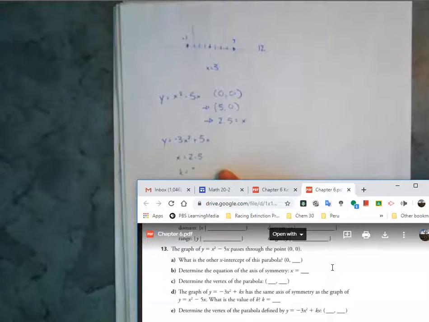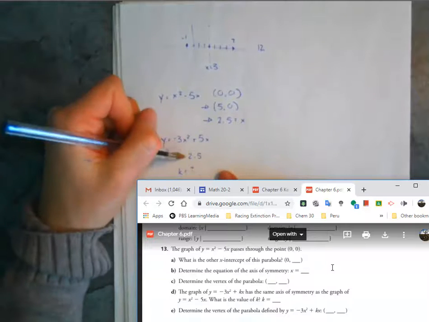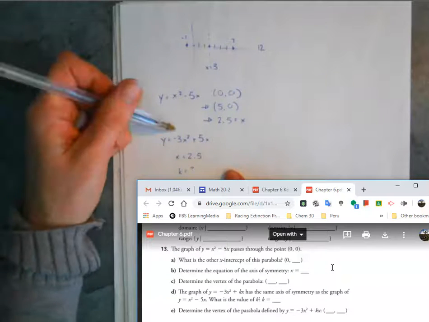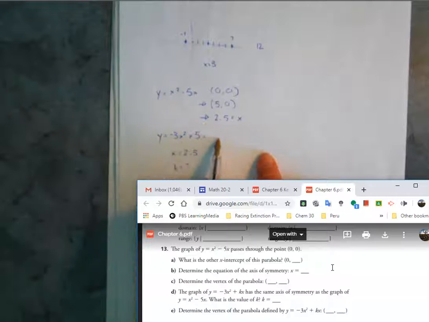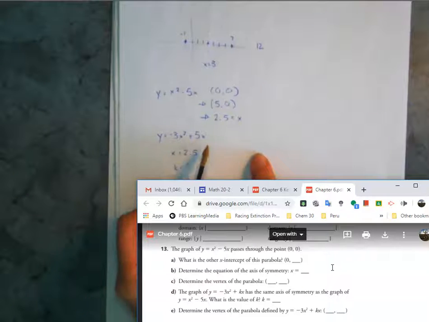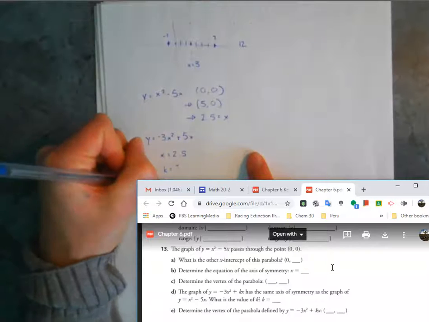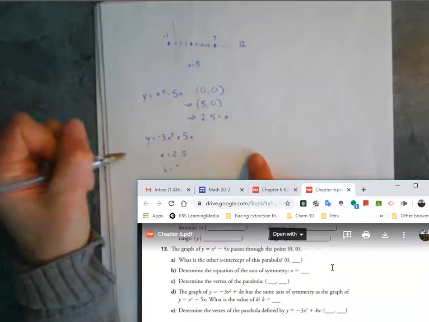Okay, so basically we have this axis of symmetry being at 2.5. Again, whenever you have a quadratic formula, if there's no c value here, we know that the y-intercept is at 0. So we know that there's a point 0, 0 on this graph.